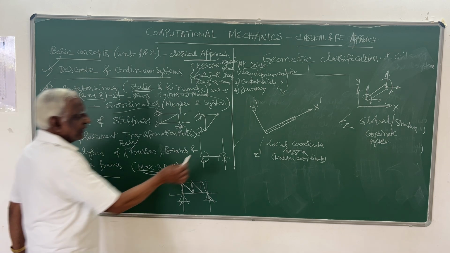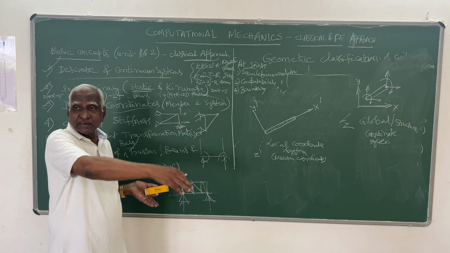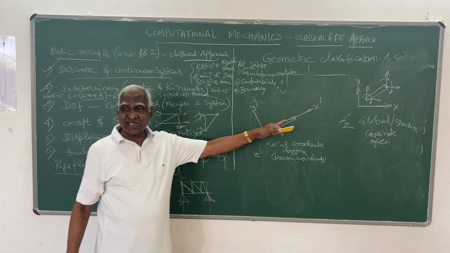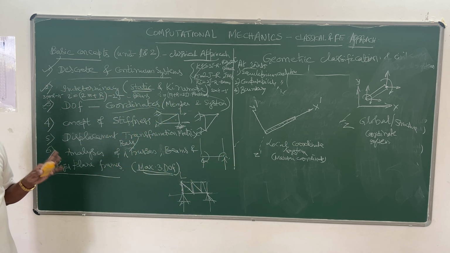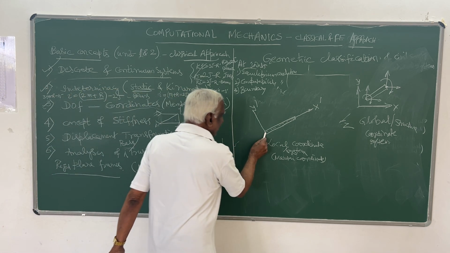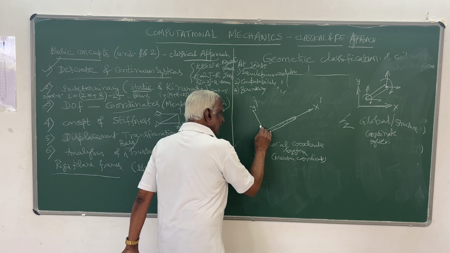That we want to be aware of. Along the longitudinal direction, along the dimension which is large, that is chosen as the axis. That is the local coordinate system.